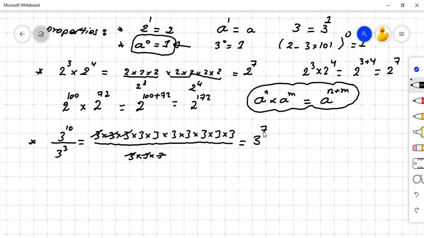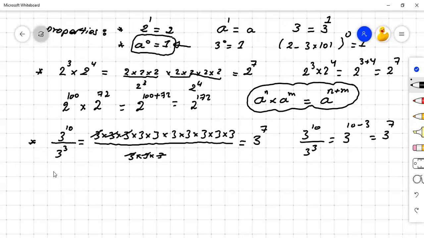So again, here we can directly subtract the exponent instead of writing it 3 times 3 times 3 many times. We can write it, it's equal to 3 exponent 10 over 3 exponent 3 is equal to 3 exponent 10 minus 3, which is equal to 3 exponent 7.